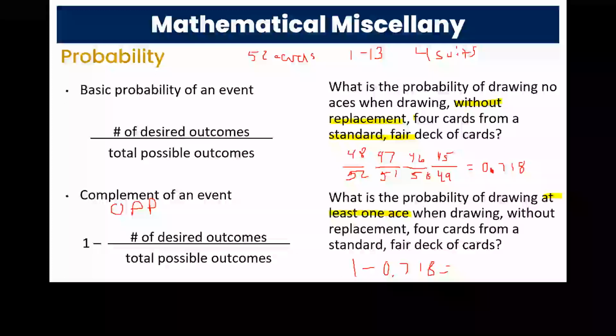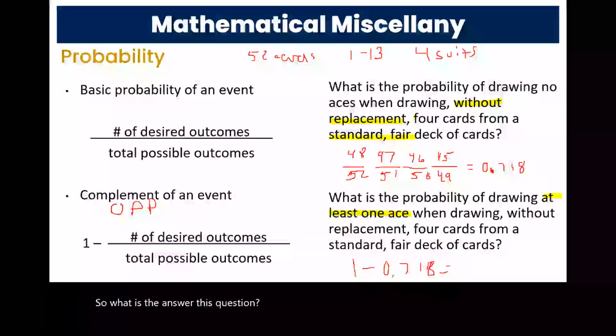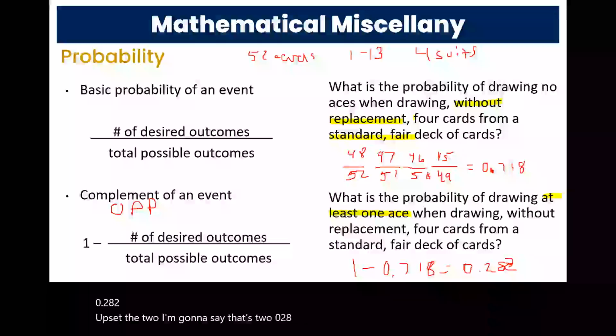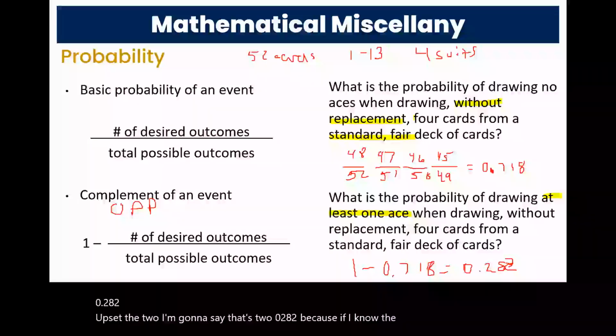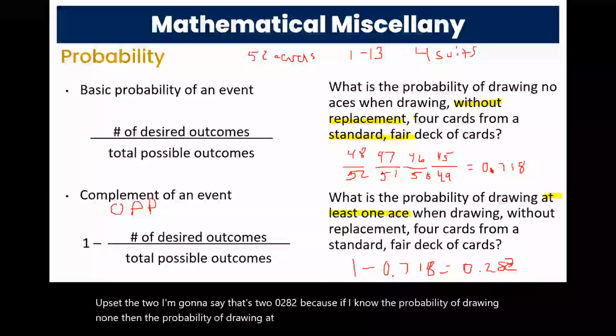So what is the answer to this question? 0.282. Whoops, that's a 2. I'm going to say that's a 2. 0.282. Because if I know the probability of drawing none, then the probability of drawing at least 1 is going to be the opposite, the complement of that process.